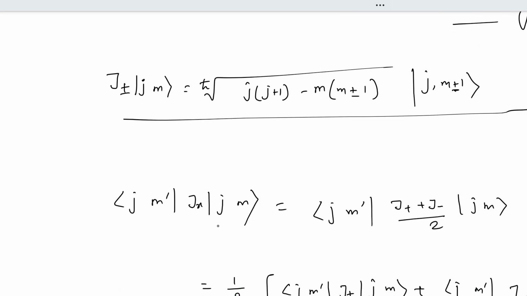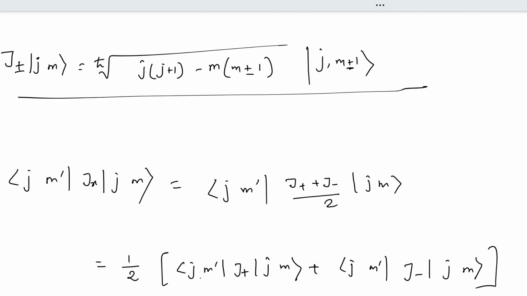So now you have known this form. So you know the h cut will be coming common, so you take it outside, and this J plus will be root over of j into (j plus 1) minus m into (m plus 1), and then you have your <j m prime|, |j m> becomes |j m plus 1>. So this is <j m prime | j m plus 1> inner product, plus for J minus you have root over of j into (j plus 1) minus m into (m minus 1), then <j m prime | j m minus 1>.